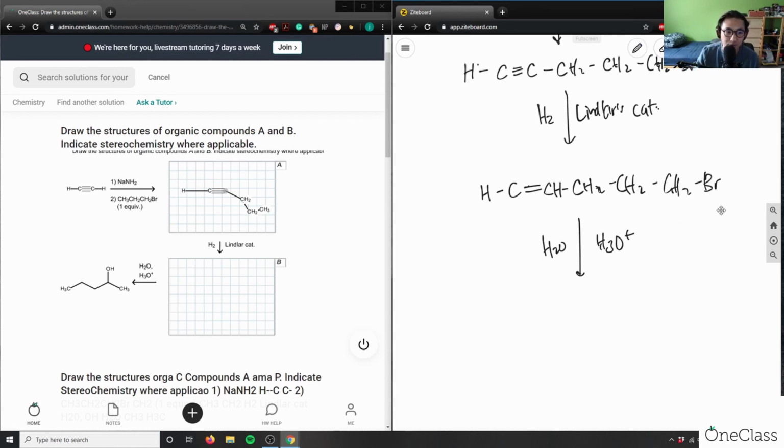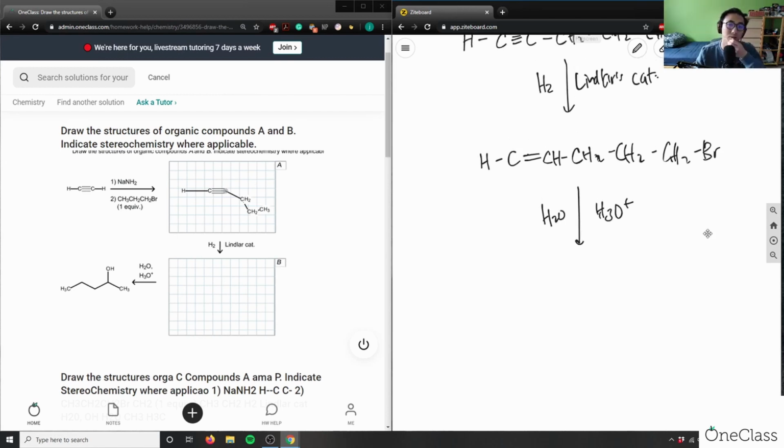Perfect. And then I have H2O here and H3O plus. It's a nucleophilic attack on this double bond here, and this OH is going to substitute right over. It's going to be bonded to the highly substituted carbon, so in this case, this carbon here.